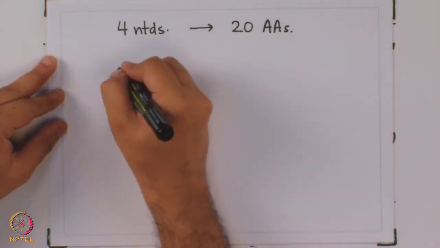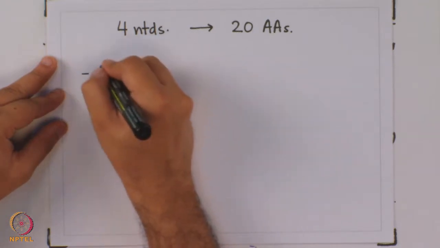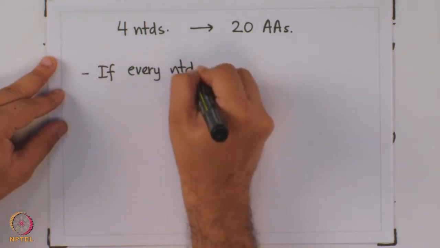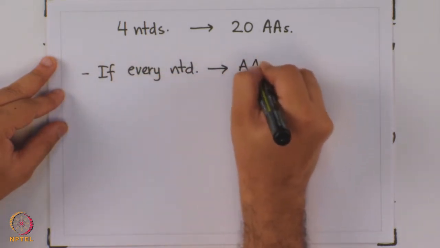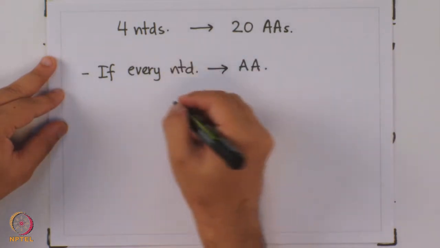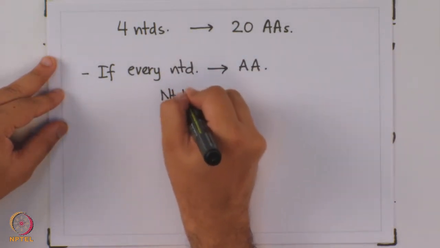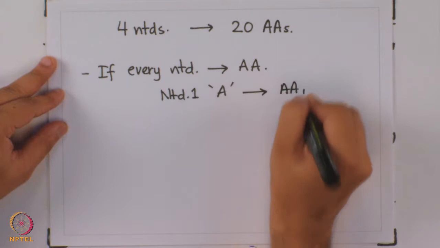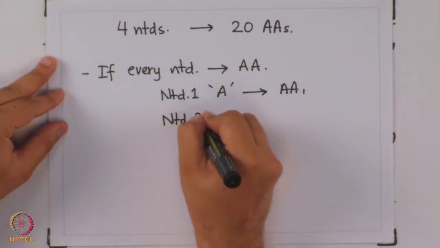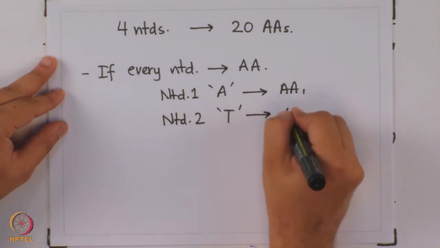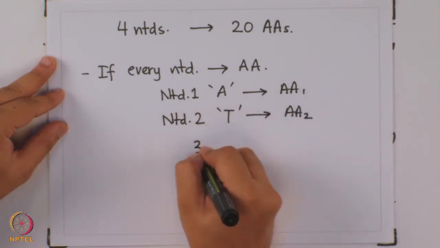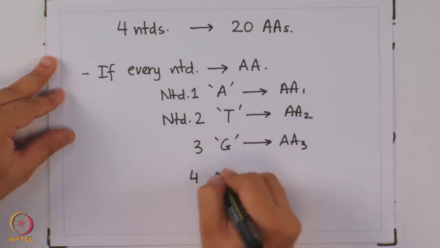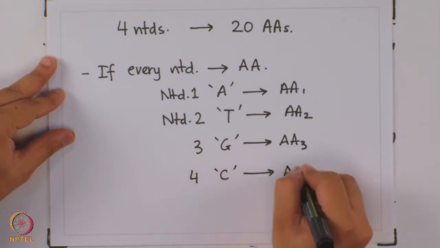Now, if every nucleotide corresponded to an amino acid, we would only go up to 4 amino acids, because nucleotide 1, let us say A, would correspond to amino acid 1, nucleotide 2, say T, would correspond to amino acid 2, nucleotide 3, G, would correspond to amino acid 3, and nucleotide 4, C, would correspond to amino acid 4.